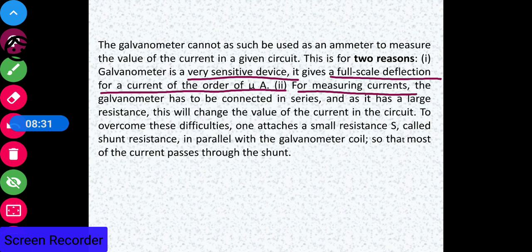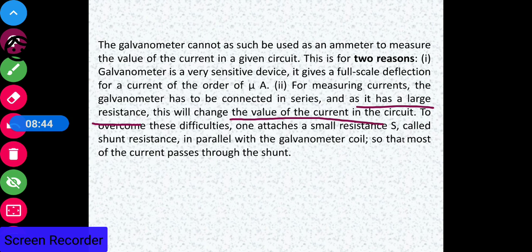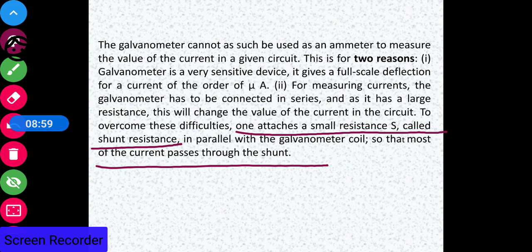The second is, for measuring the current, the galvanometer has to be connected in series, but the galvanometer has a large resistance, and because of the large resistance, the value of the current in the circuit may change. So to overcome these difficulties, one attaches a small resistance known as shunt resistance in parallel with the galvanometer coil, so that most of the current passes through the shunt.